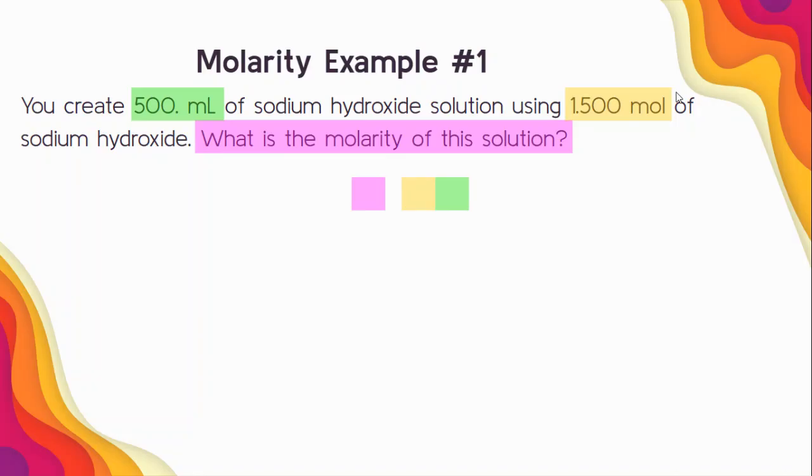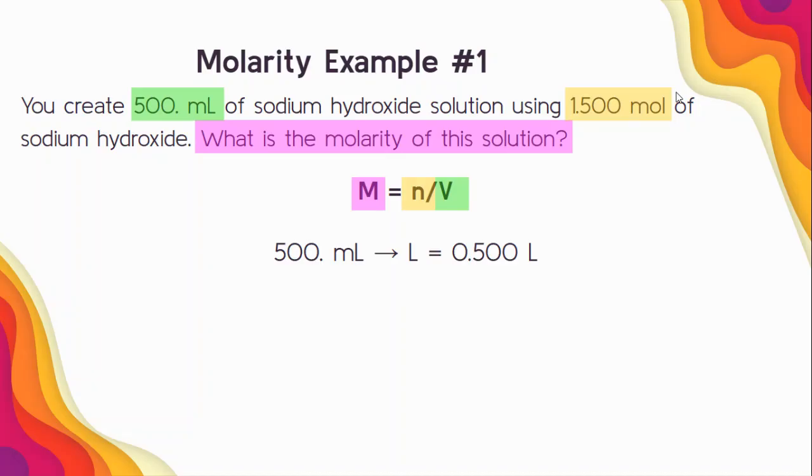So I highlighted the two variables that are given to us, the 500 milliliters and the 1.500 moles, and then I also highlighted the thing that you're being asked about. And this is your equation, and then I match the colors to the variables that they go in for. So 500 milliliters is the volume, 1.500 moles is N, and I'm solving for the molarity.